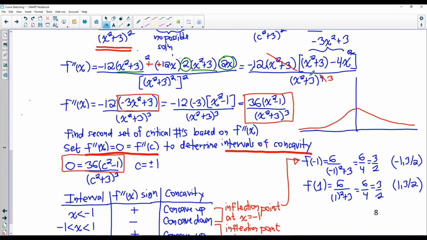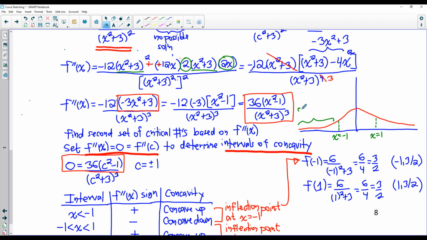Now, in terms of the points of inflection, if I were to label this on the graph here, you would have a point, this might be x is equal to -1. And this right here might be where x is equal to +1. And what's happening is in this section, if you take this part of the curve, it'd be a parabola that opens upward.